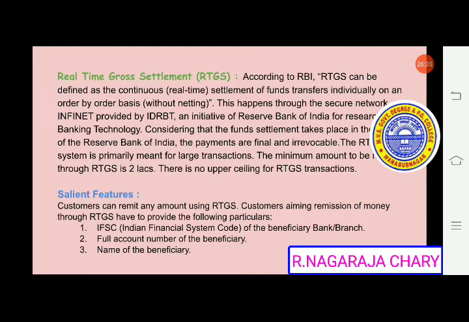Right. So this is one type of service provided by the banks to the customers. The minimum transfer of money is 2 lakhs. This is a perfect system through a secure network, and this facility is provided to the customers.